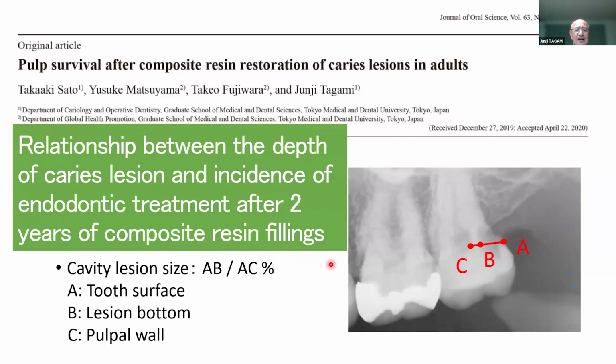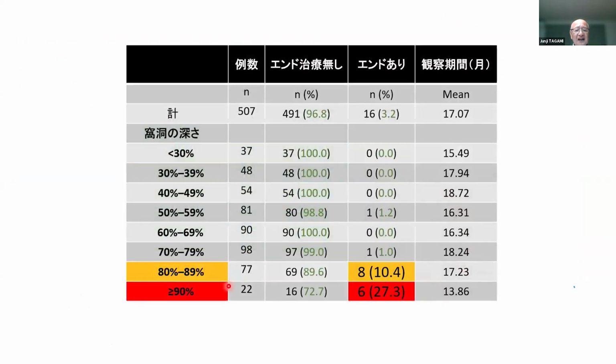The depth of the caries region was classified according to this measurement, from the surface of tooth to the bottom of the region, and this is from surface to the pulpal wall. This AB to AC is the percentage of the depth of the region.